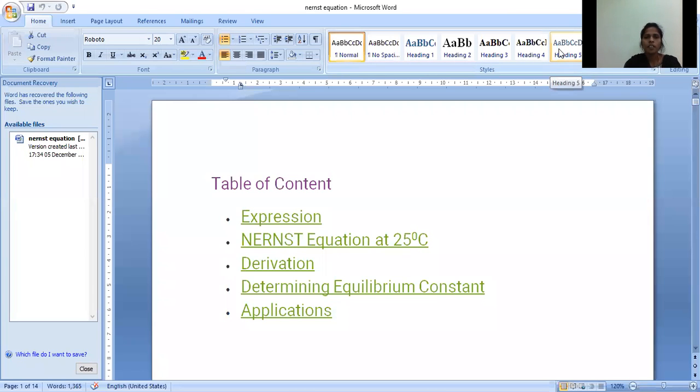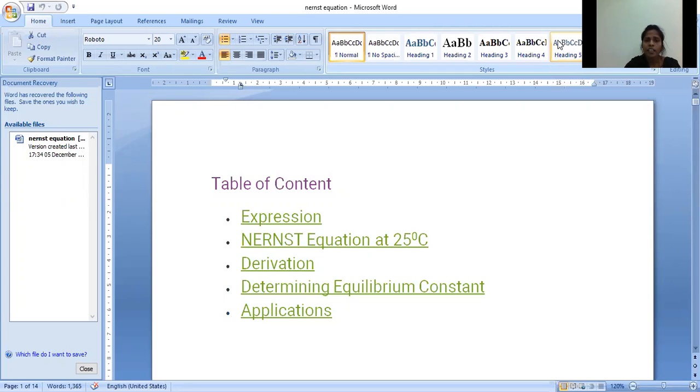Good morning, students. In the previous session, we have seen types of electrochemical cells, that is electrolytic cell and galvanic cell or voltaic cell. Electrolytic cell is nothing but the cell which converts electrical energy to chemical energy. That means by consuming electricity, chemical reactions take place here.